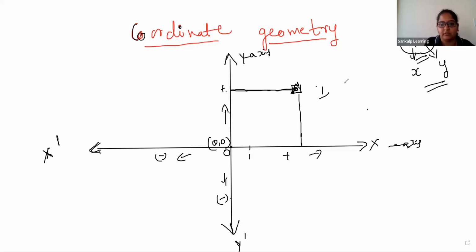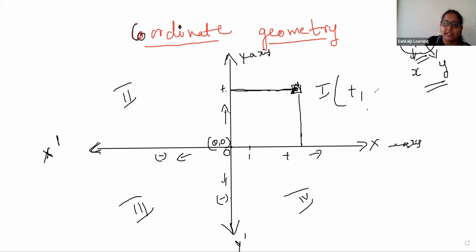And you know that we divide the plane into 4 parts, right? We call them 4 quadrants. First quadrant, second, third, and fourth quadrant. So in the first quadrant, what are x and y? How are the signs? If you take this portion, children, x value is positive.